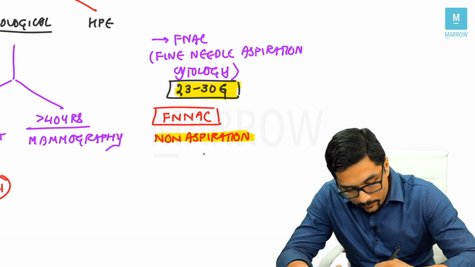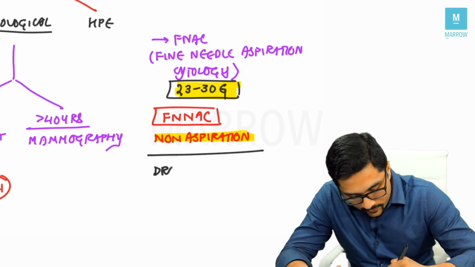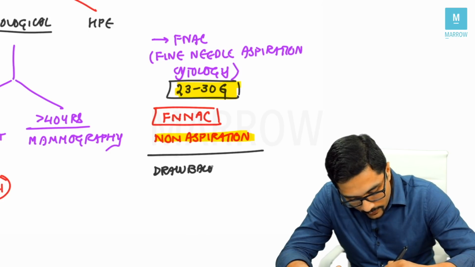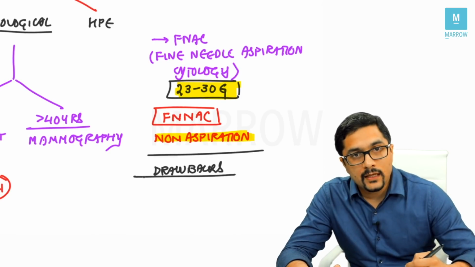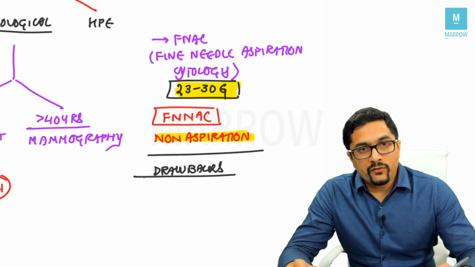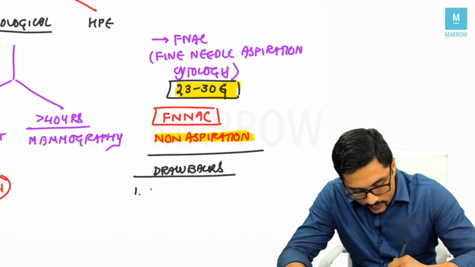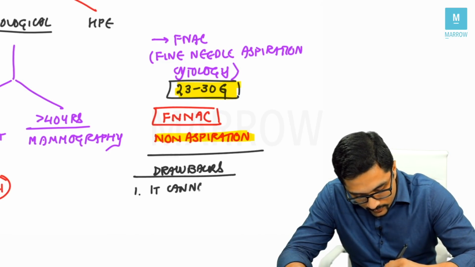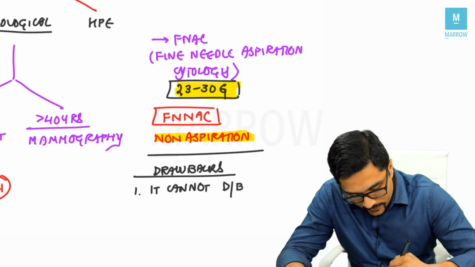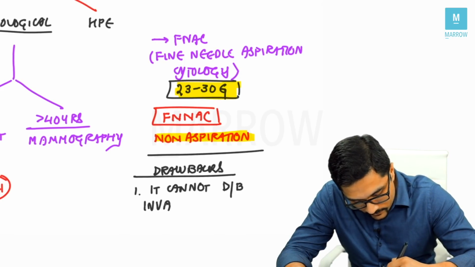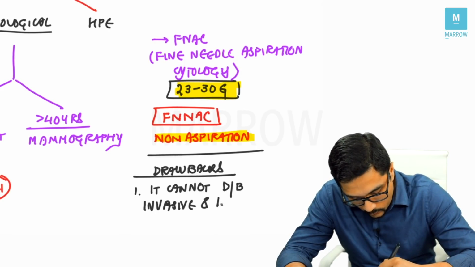But I want you to remember what the drawbacks of FNAC are, right? So the drawbacks of FNAC: number one, it cannot differentiate between invasive and in situ cancers. Why?